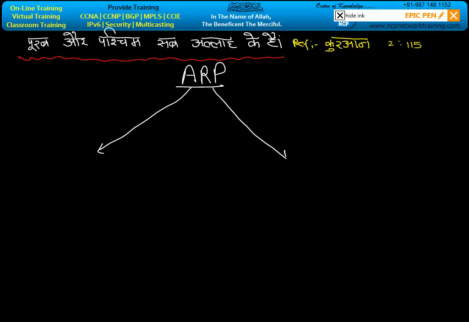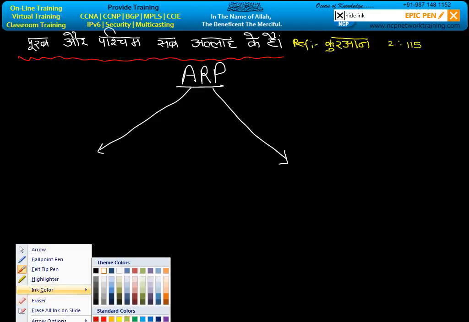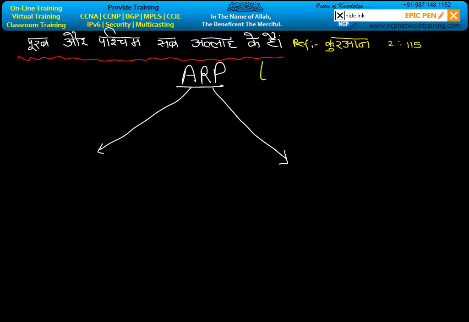ARP also has two components. The function of ping was to test the connectivity between the devices, and the function of ARP is to find out the MAC address with the help of the IP address.